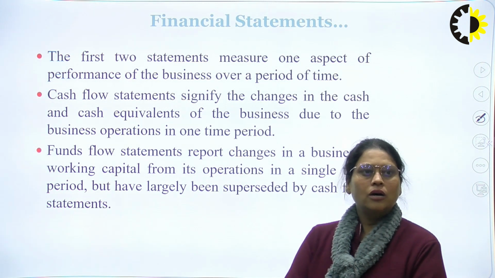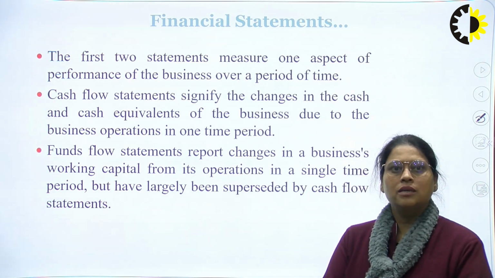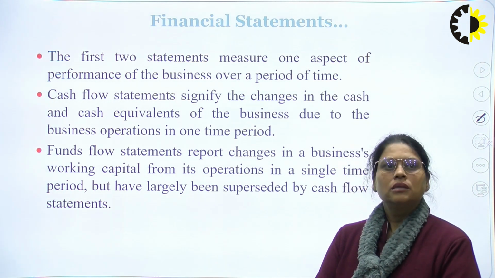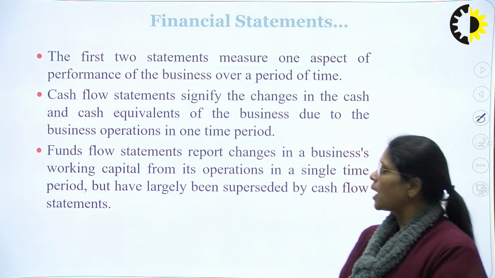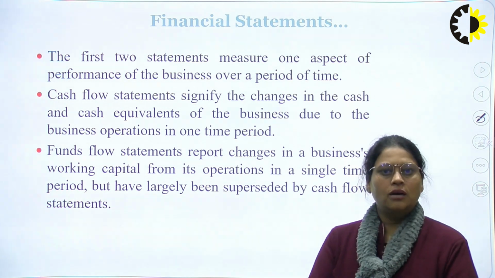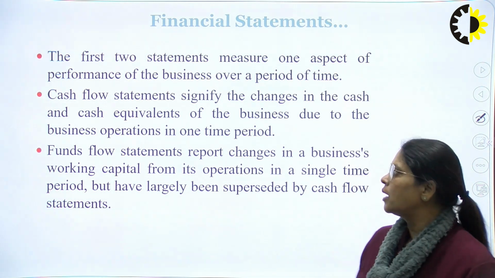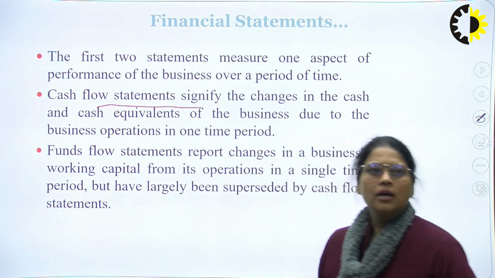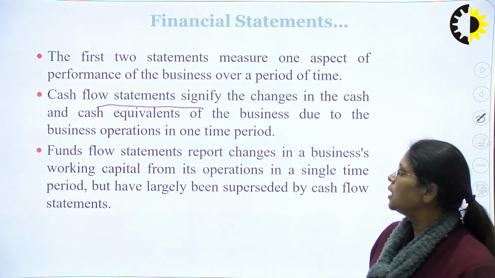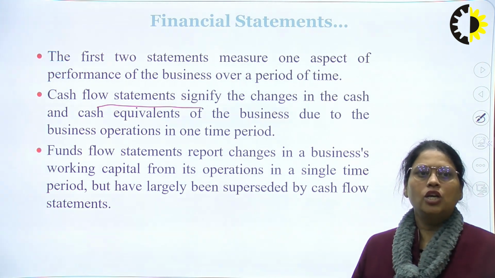The financial statements measure one aspect of the performance of the business over a period of time. One is the cash flow statement. It signifies the changes in the cash and cash equivalents of the business.